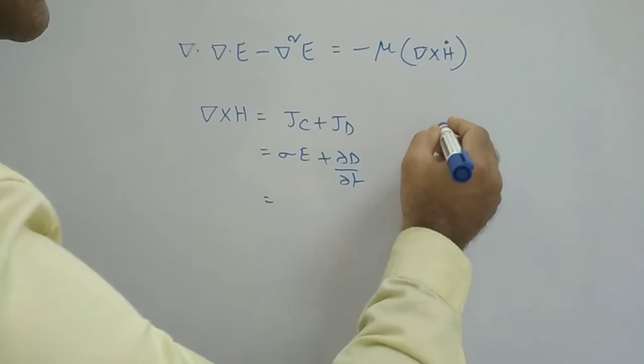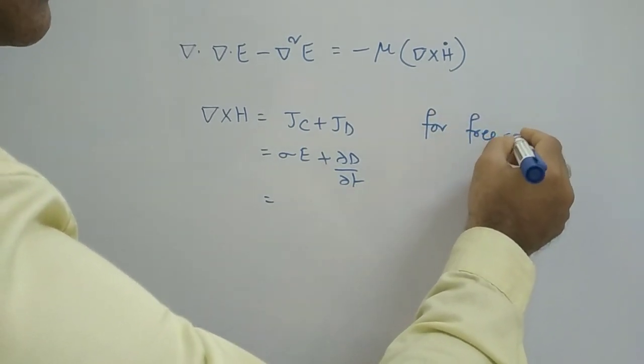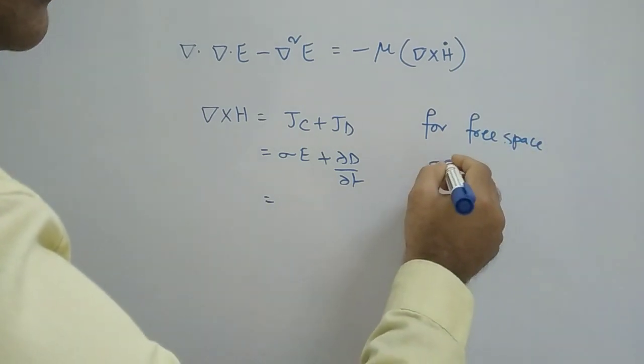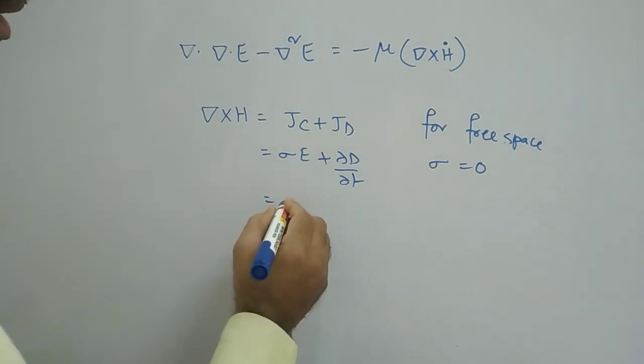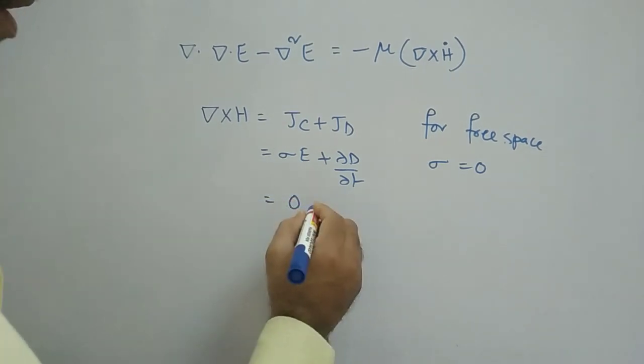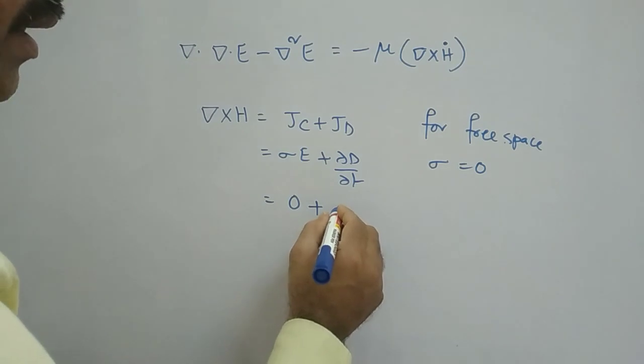For free space, sigma is equal to 0, therefore this term becomes 0. Then dou D by dou t can be written as D dot, the first derivative.